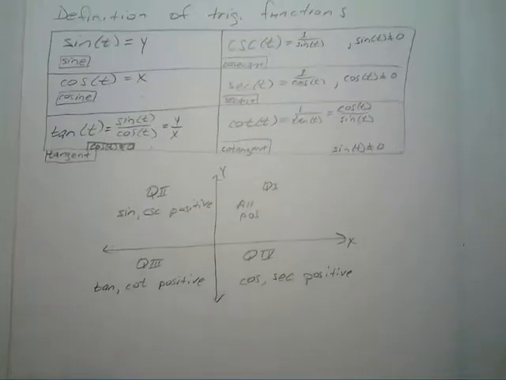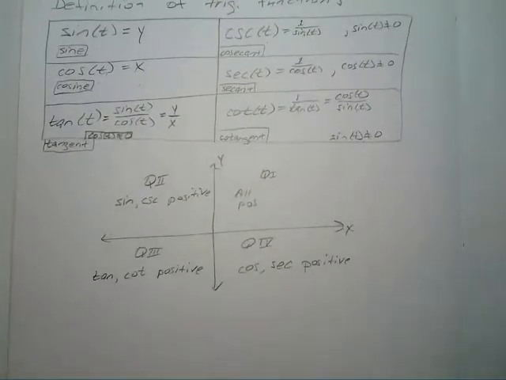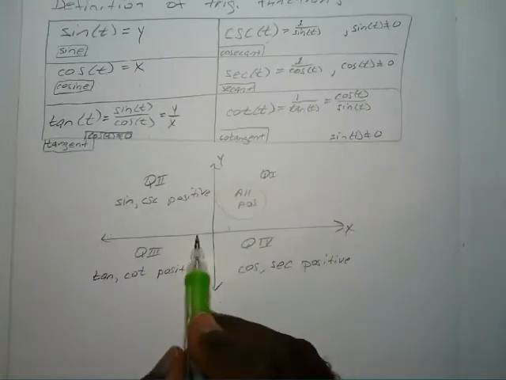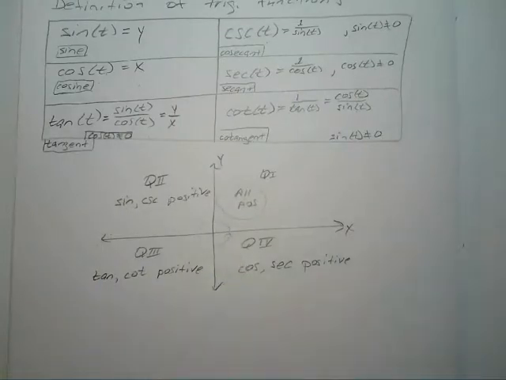Now, one way I usually use to know which ones are positive in which quadrant is to make up a little rhyme. You know they're all positive here. Going, of course, counterclockwise, I have single cosecant.